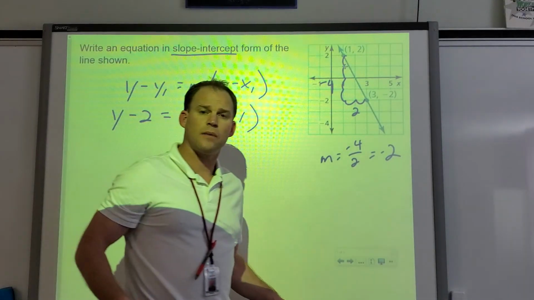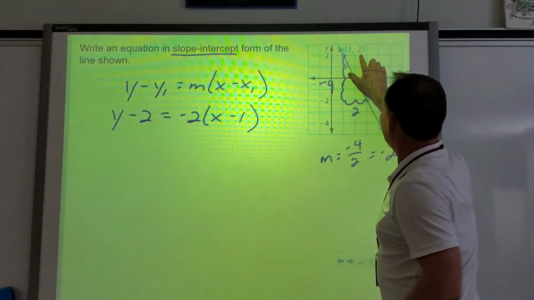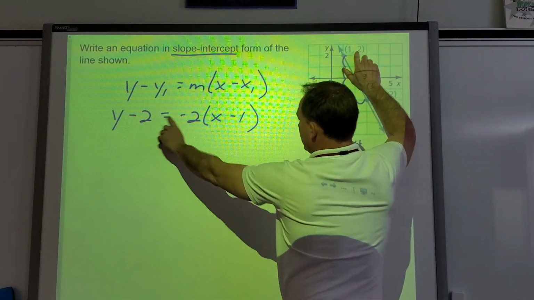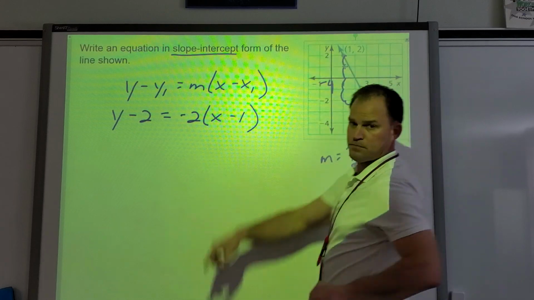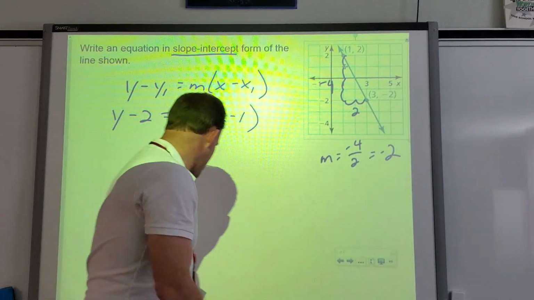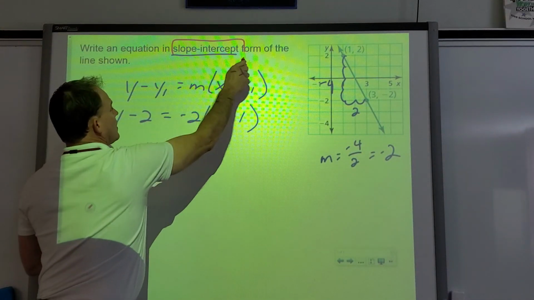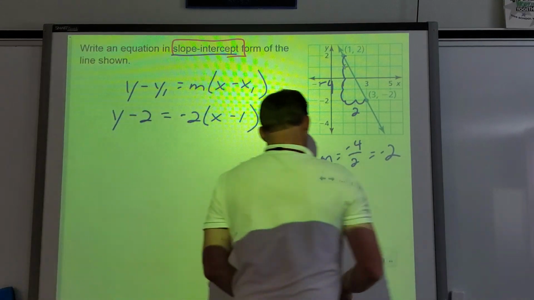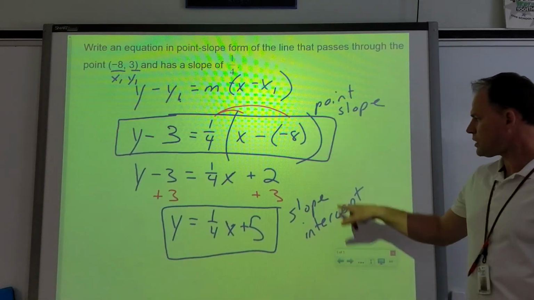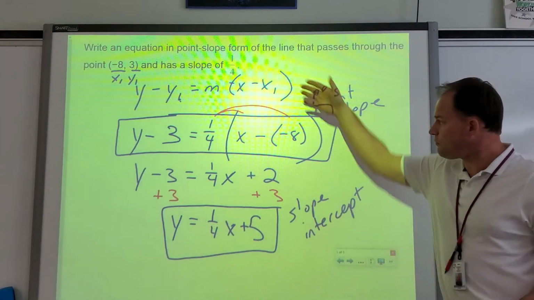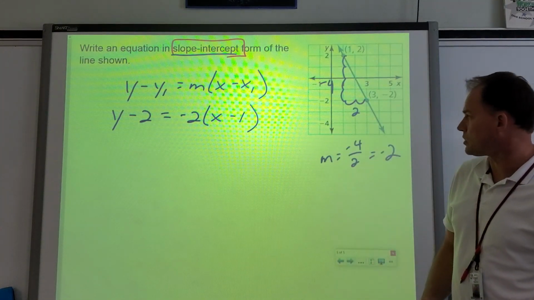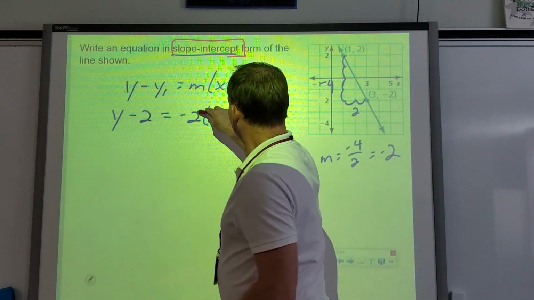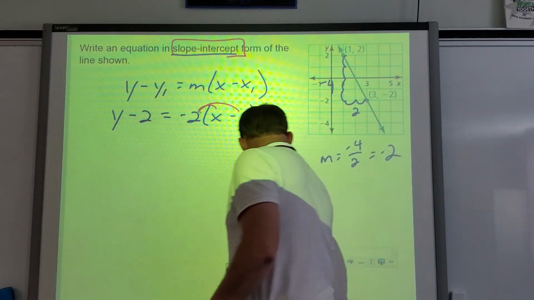So again, I did my substitution. I chose this point. I put my y in here. I put my -2 in for my slope. I put my 1 in here. All right? And the directions say slope intercept form. So if it says slope intercept form, I've got to do those 2 steps to get it back into slope intercept form. Distribute first.